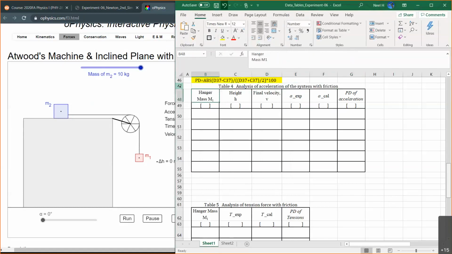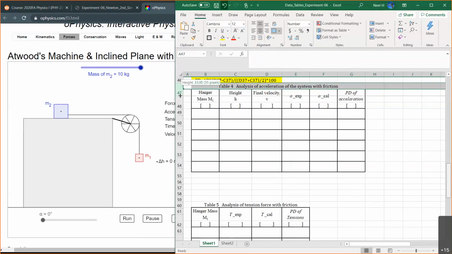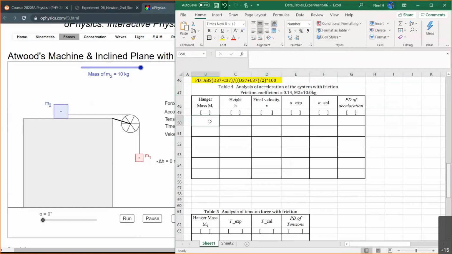However, as a result of friction now, I cannot start M1 from 1 kilogram. I have to start at 3 kilogram, okay? So this is kilogram, height again in units of meters, velocity in meters per second, acceleration in meters per second squared, and acceleration again in the same unit calculated from the equation, and the PD is going to be the percentage error.